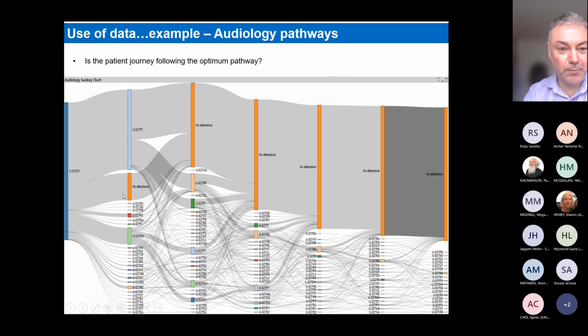You've then got an orange block, next one down, which is no attendance. So they'll be the patients that, after their assessment, don't need to come back. And then you've got a green block a bit further down, which is the DWAX clinic. And again, there was a fair chunk of patients. So you've got the three biggest chunks with the three pathways that audiology were expecting to see.